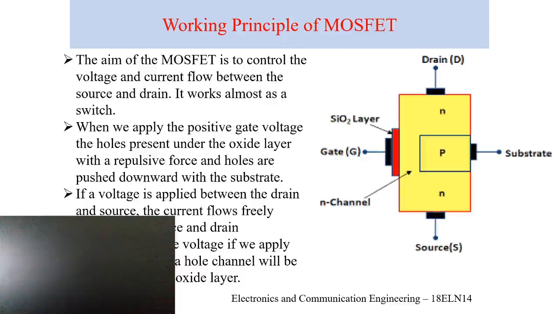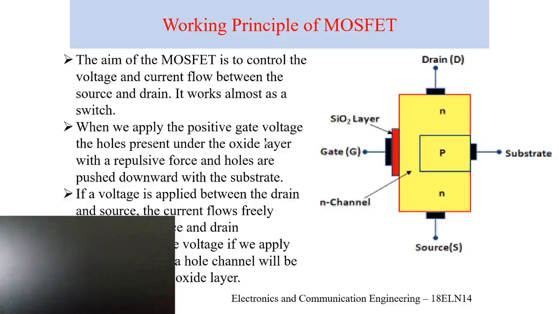The semiconductor surface below the oxide layer is located between the source and the drain terminal. It can be inverted from P type to N type by applying positive or negative gate voltages.